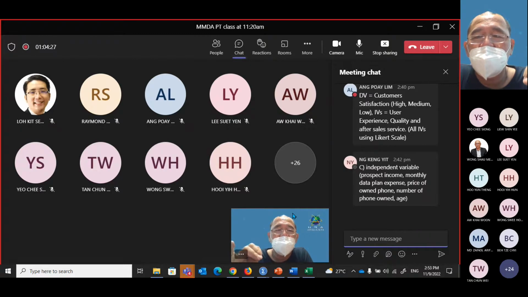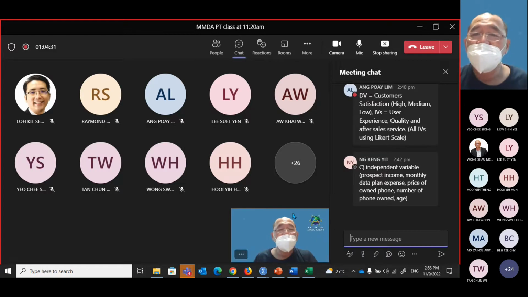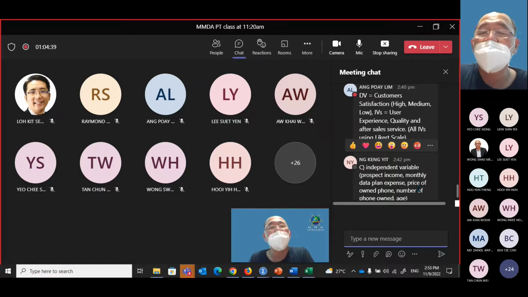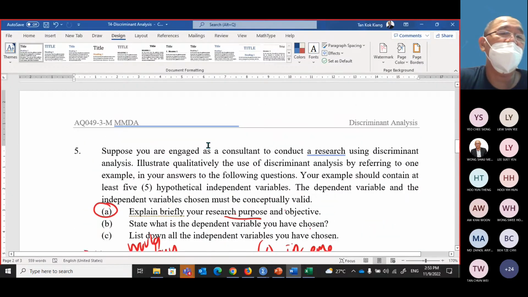By logic, if the handphone they currently use is only 1,000, maybe they are not going to buy the iPhone 14. So this one is also good. Thank you. Any questions on this number 5?